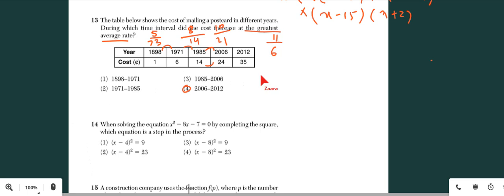Is it clear? So from 2012 to 2006, when we calculated the difference of y, that's 6, 11 over 6. So this is correct.